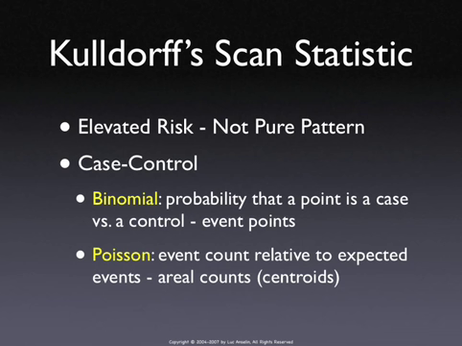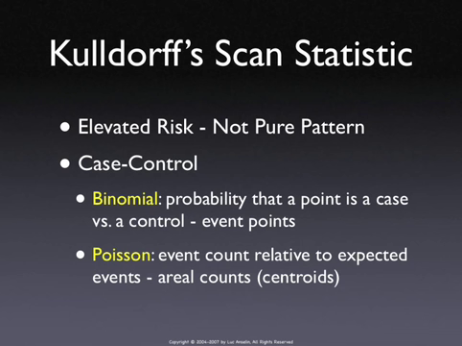And this is the setup where you actually have event points. So you have addresses of people with the disease and addresses of the population at risk, of the reference population. And because of that, we will have a probability that a case is counted in the circle versus the probability that it's not counted in the circle. And this is basically a binomial distribution.